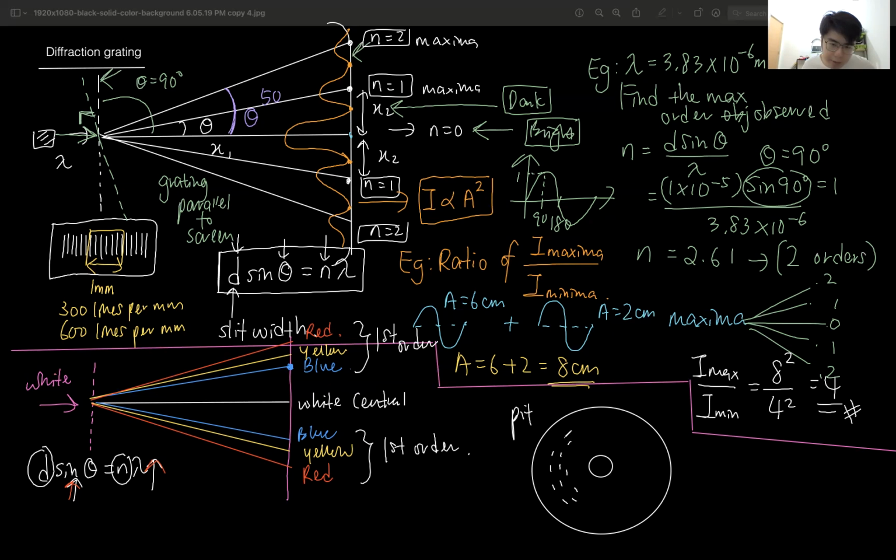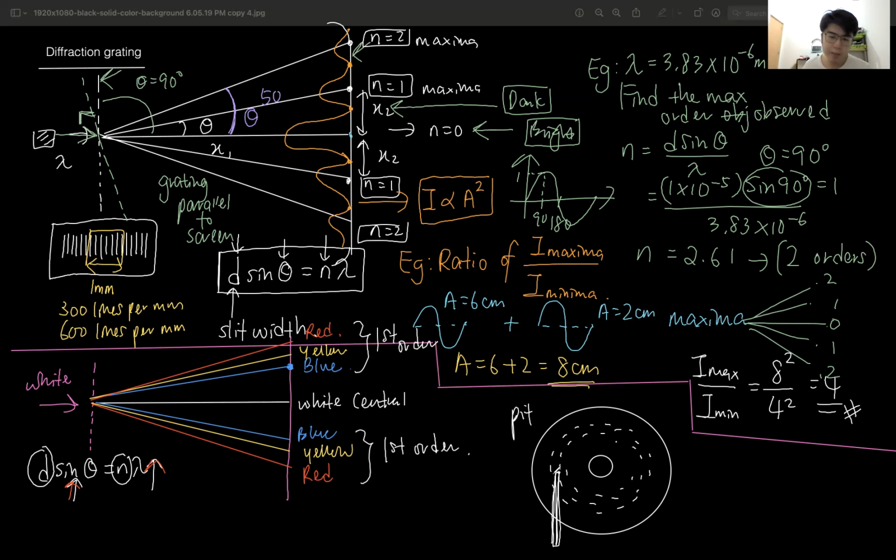This is areas where it is slightly raised. And they shoot a laser onto it, just like your diffraction grating, you shoot a laser to the grating, right? They shoot a laser to the surface.